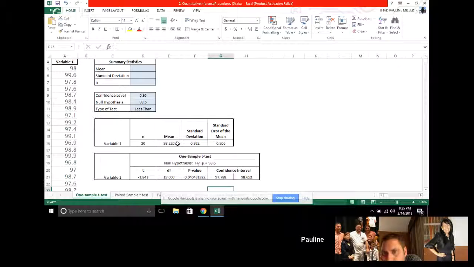If it's less than 0.05, then you reject. So what is it right now? The p-value is 0.040. It's smaller than the alpha. So we reject the null hypothesis.